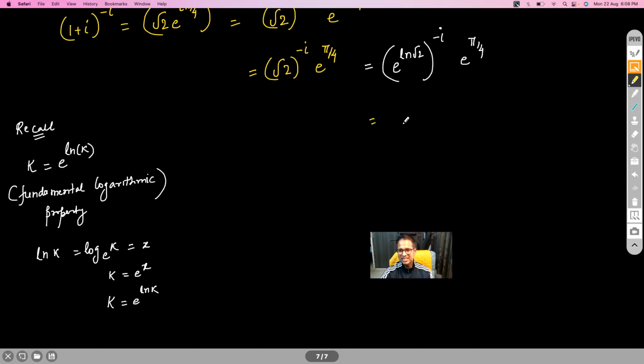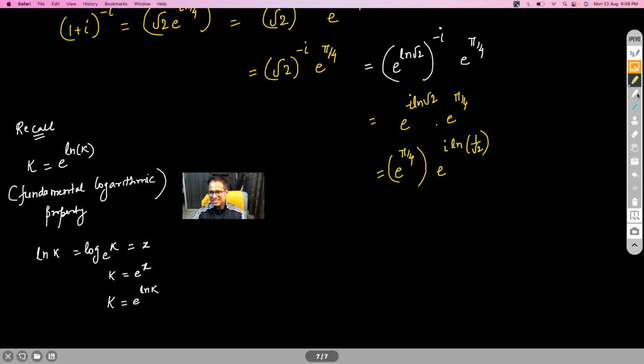Which means e to the power minus i ln root 2 into e to the power pi by 4, which further can be written as e to the power pi by 4 into e to the power i ln 1 by root 2, because the minus will go and sit as a power on root 2. So root 2 to the power minus 1 becomes 1 upon root 2.